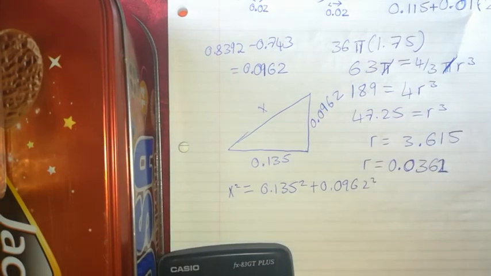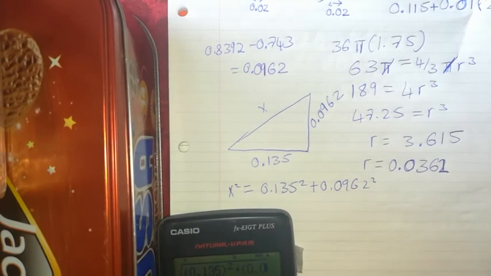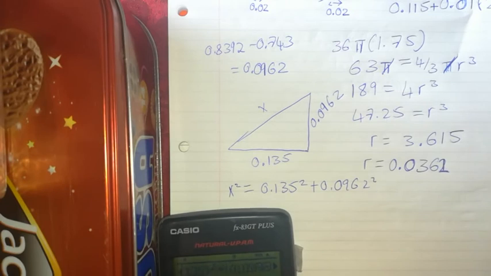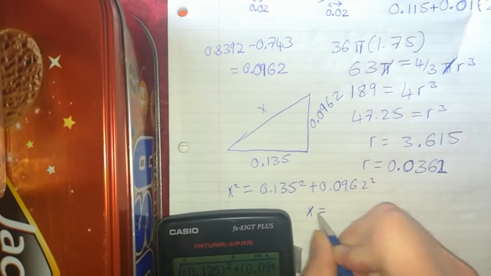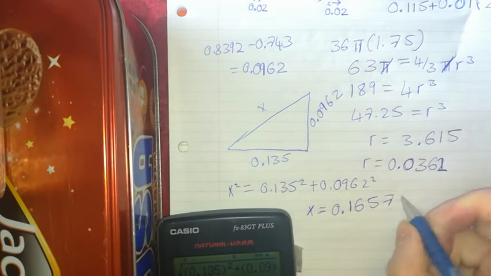So x is going to be the square root of 0.135 squared plus 0.0962 squared. Then I get that x is equal to 0.16577.